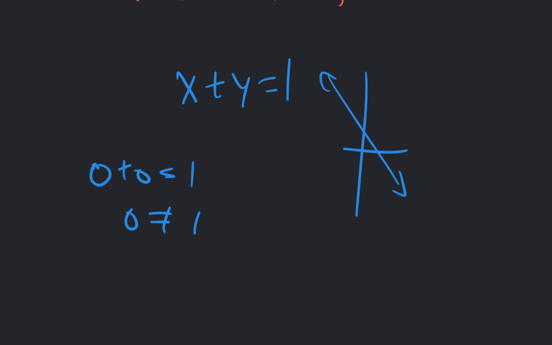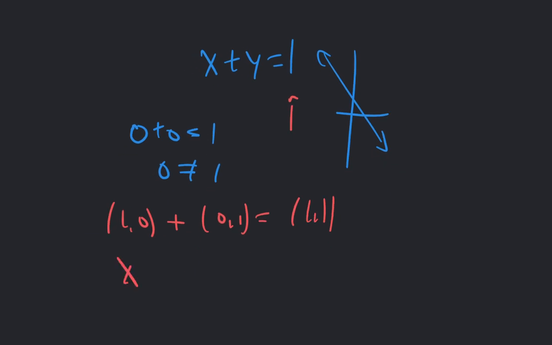But we can also say, okay, well, if x is 1, 0 and y is 0, 1, is that equal to 1? This is going to be equal to the point 1, 1, but if x plus y is 1, 1, then we get 1 plus 1 is equal to 2, and that is not equal to 1. So that is not closed under addition.